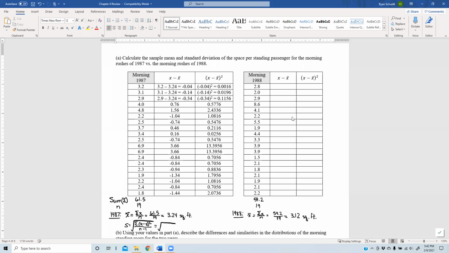Well, let's add up this whole column here. I need to add up this right column of my first table.